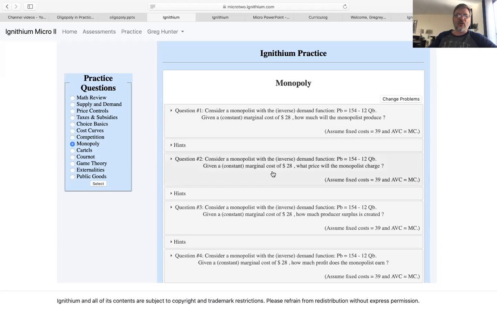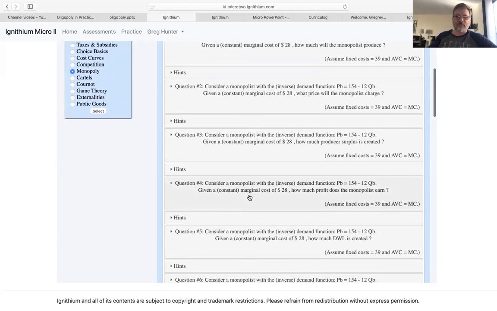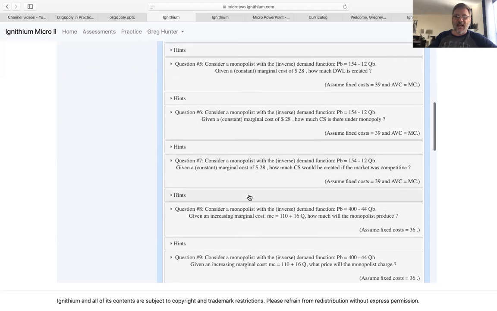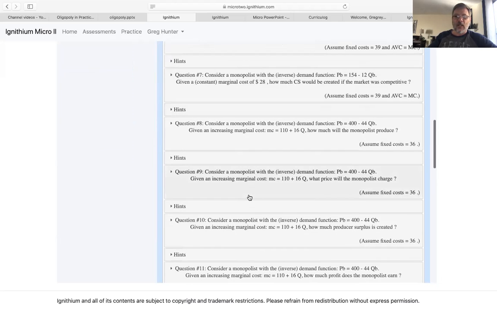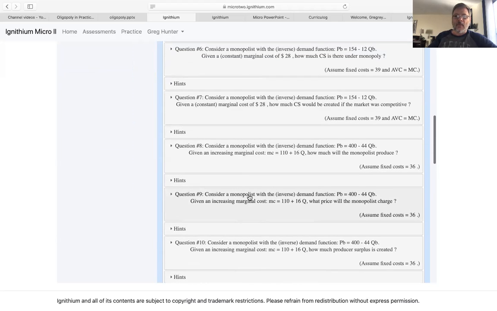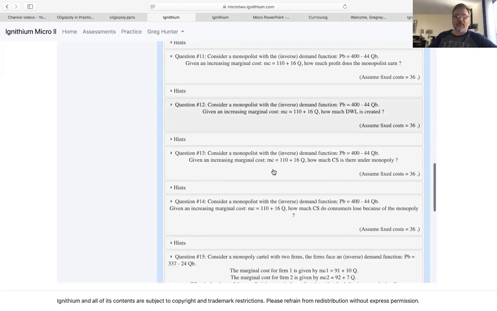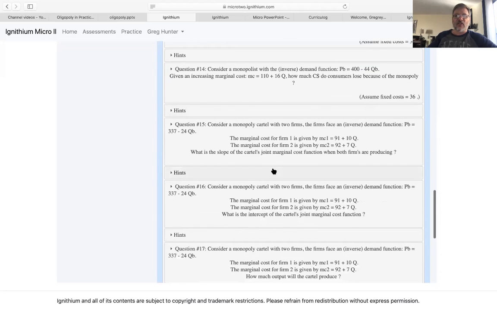But with that, you should all be able to solve all the problems down to, okay, now the only difference here is that you have an equation for marginal cost instead of a constant, right? And so you should be able to solve all of the questions down to question 15.